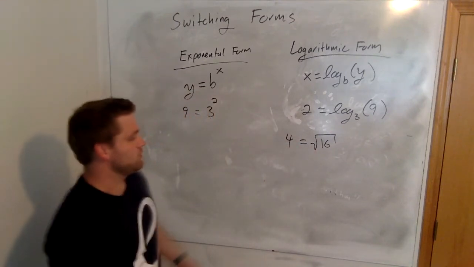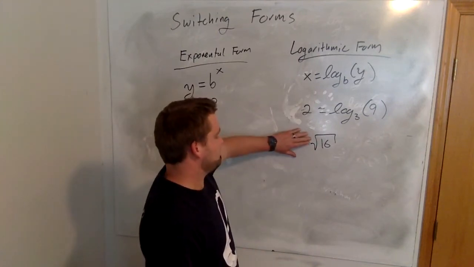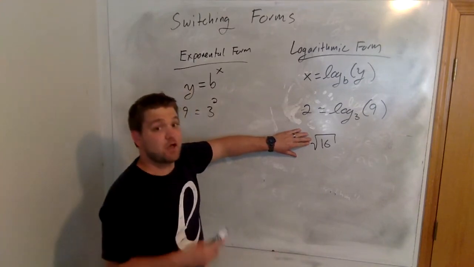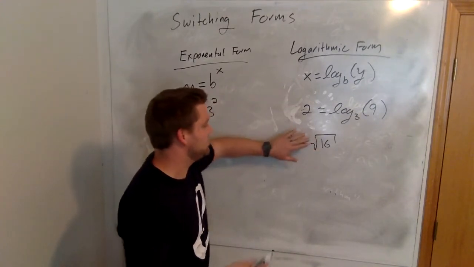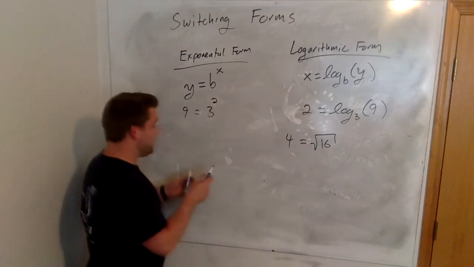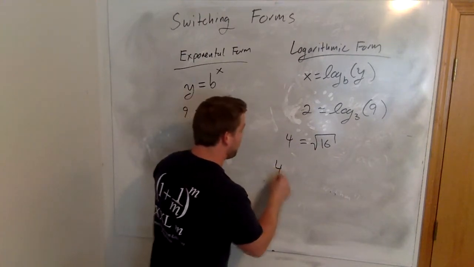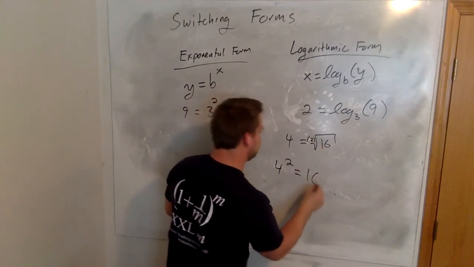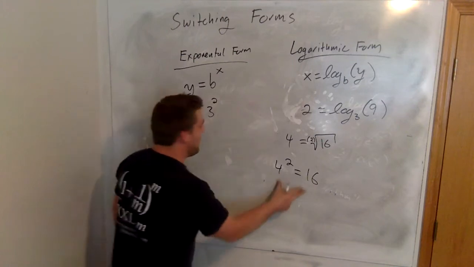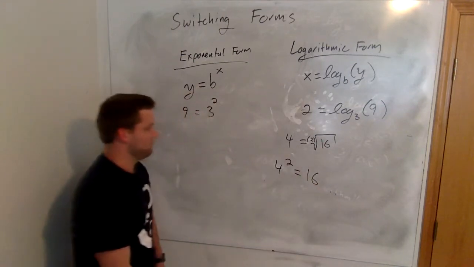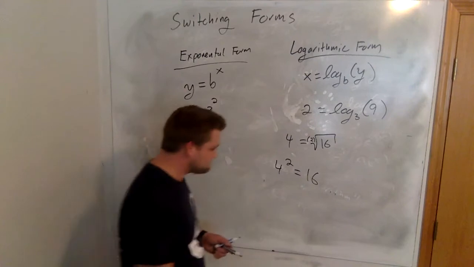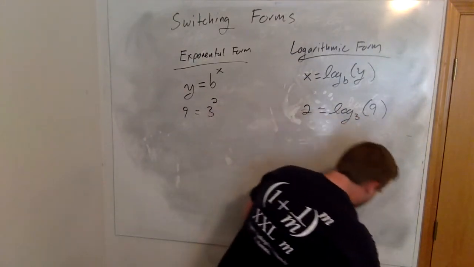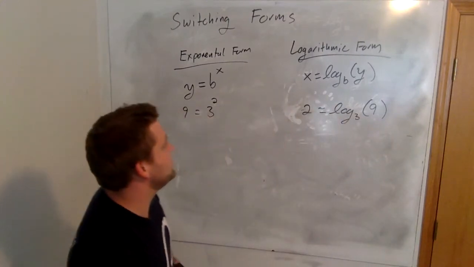You'd be saying, what number do you multiply by itself twice to get 16? Well, 4, because 4 squared is equal to 16. So this would be like power form, and this would be like root form. It's a very similar idea. So it's oftentimes good to be able to switch forms.